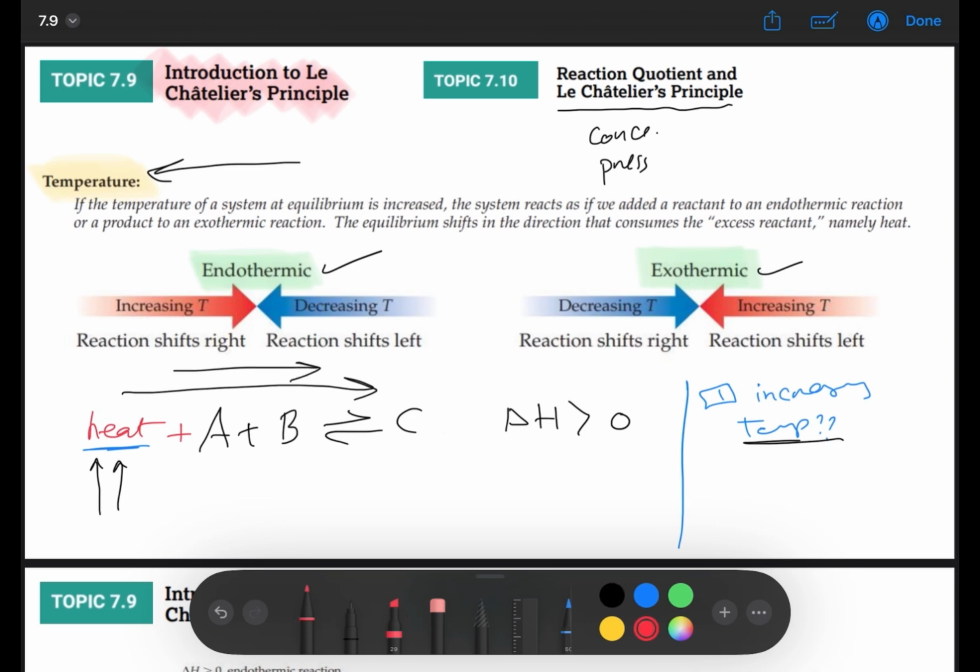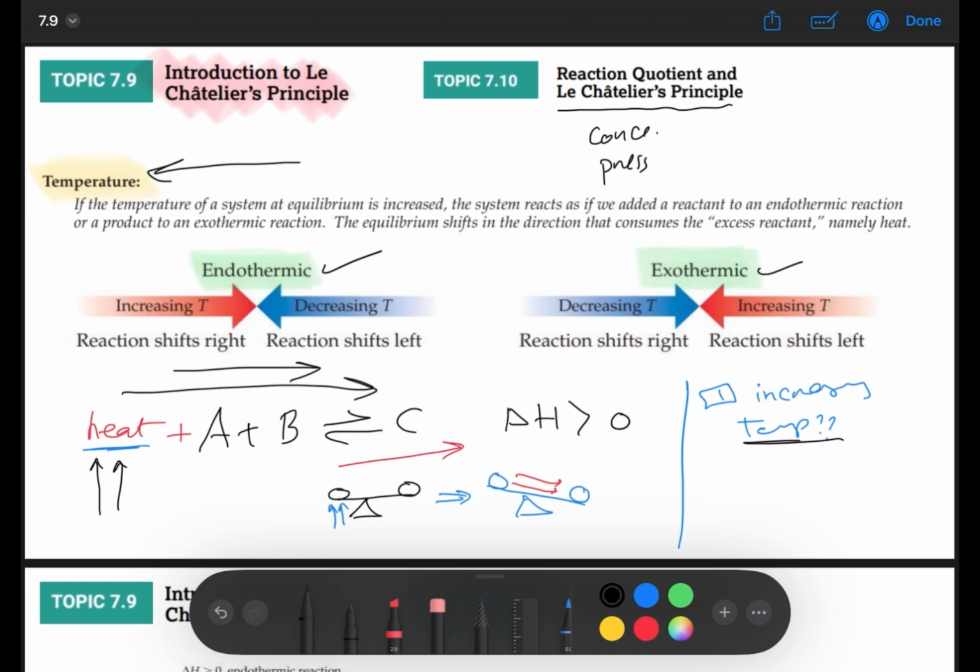Another way, just remember the seesaw. We have reactants and products. If we increase this level here just a little bit, it tilts this way, and the balls start to slide down. So the reaction will shift to the product.